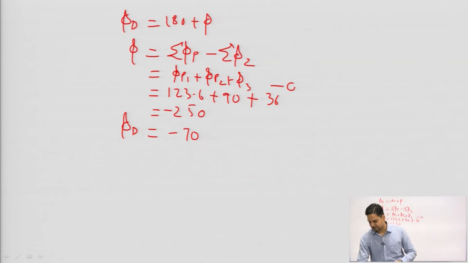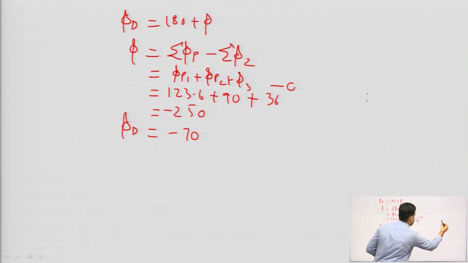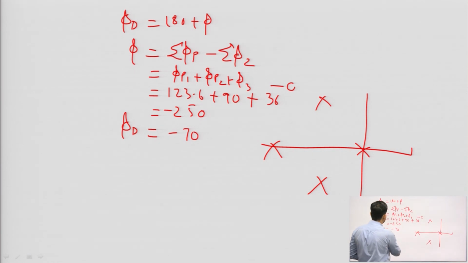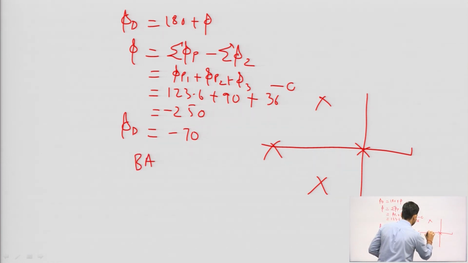So now see the final root locus. One pole is here, one pole is here. You need to calculate the breakaway point, which comes around minus 4.